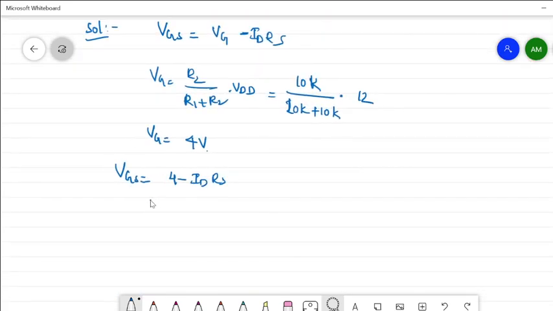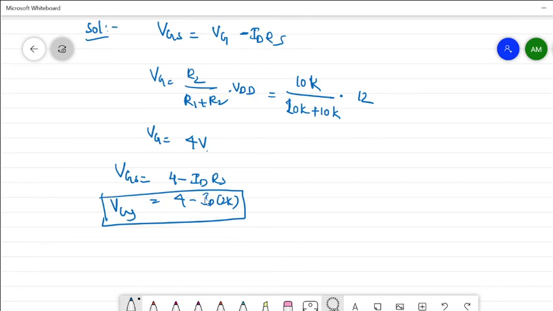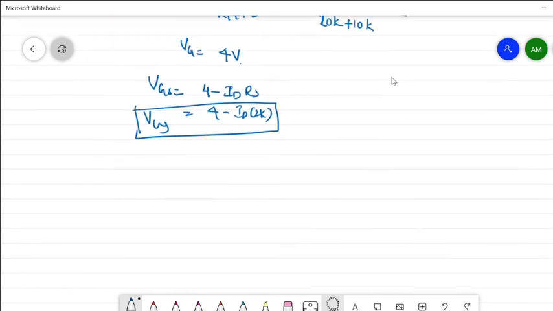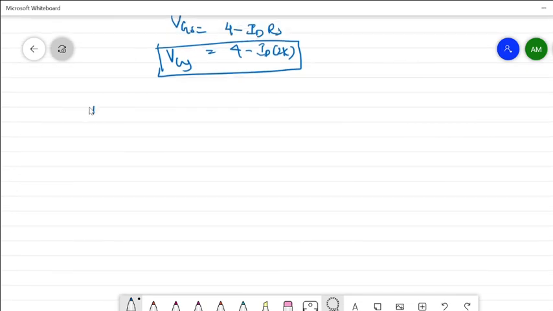So 4 minus ID into 2 kilo ohms, this is the VGS value. We don't know the ID value, so when I calculate this ID, you have to substitute here. Then ID is equal to IDSS into 1 minus VGS by VP whole square.